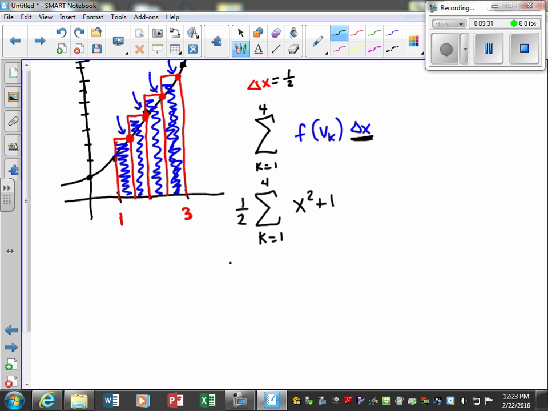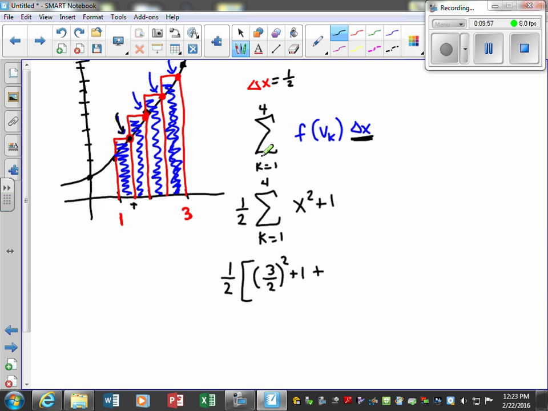Now we want to evaluate this, so bring my 1/2. The sum of those rectangles. So my very first position, remember we're starting with the right hand endpoint of my rectangle that touches the function there. So I'm going to start with 3/2, which is 1.5. So that's 1.5 right there. 1.5 squared plus 1. Okay.